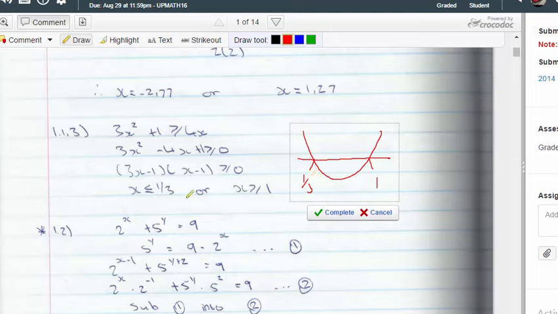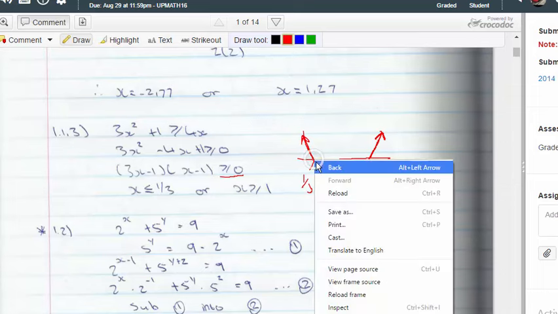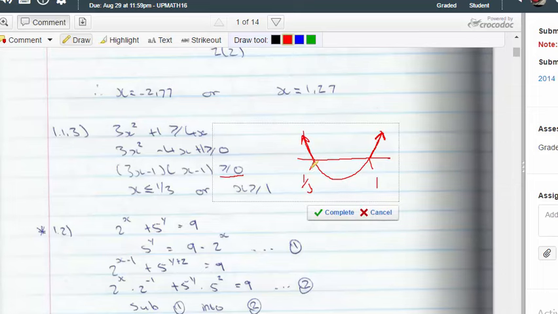If we look at this, we're using everything bigger than 0, so that's everything above the x-axis. That means if I look at my graph, it is associated with everything below, x is smaller than a third and x is larger than 1.